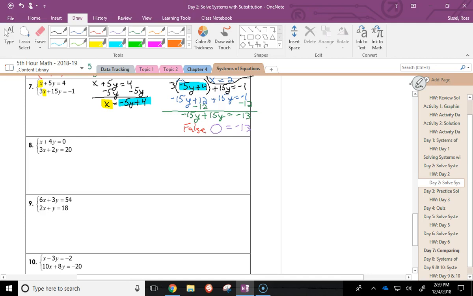What would that mean? Well, if that happens, that means there is no answer, no coordinate, no solution that I can put in for y that both my linear systems would use to make it true. Mainly, I can't make a true statement out of this. I have parallel lines.